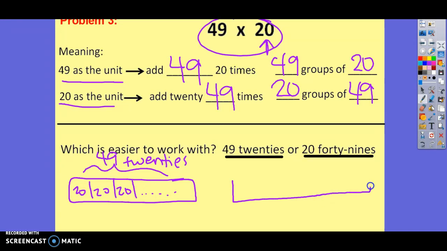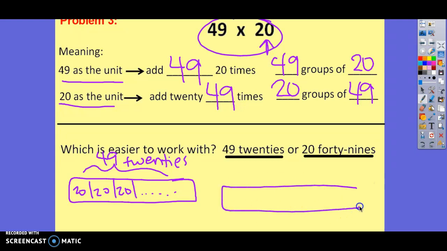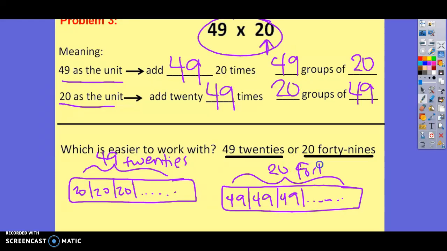Or we could say 20 49s. We have a rough tape diagram with 49 as the unit. And we would have 20 of those. 20 49s. So which one's better for you?